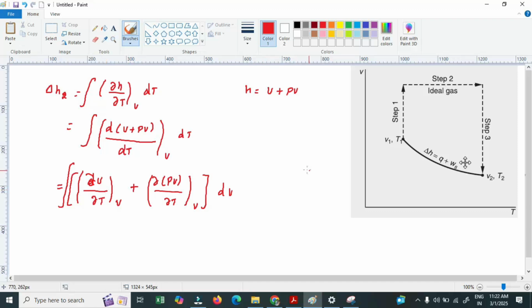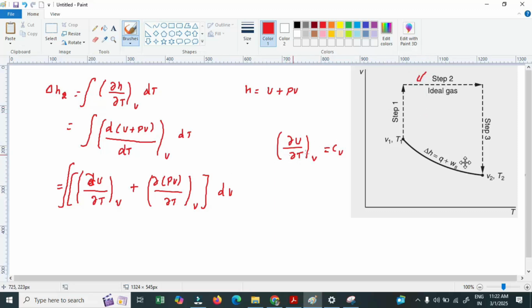From the basic fundamental property relationship, dou U by dou T under constant volume equals Cv. And since here we are dealing with an ideal state, I no need to use the residual function.